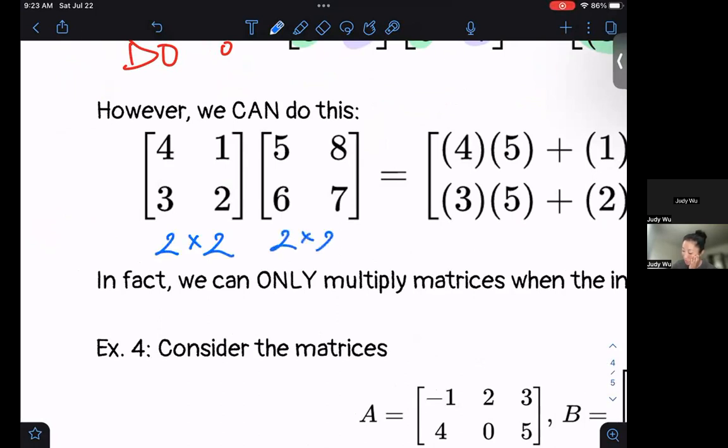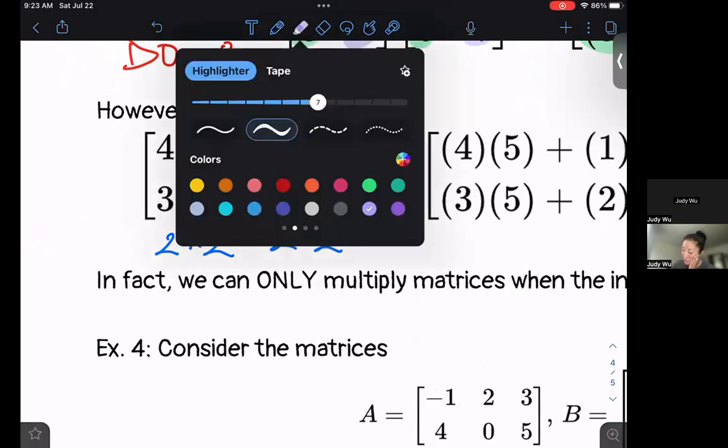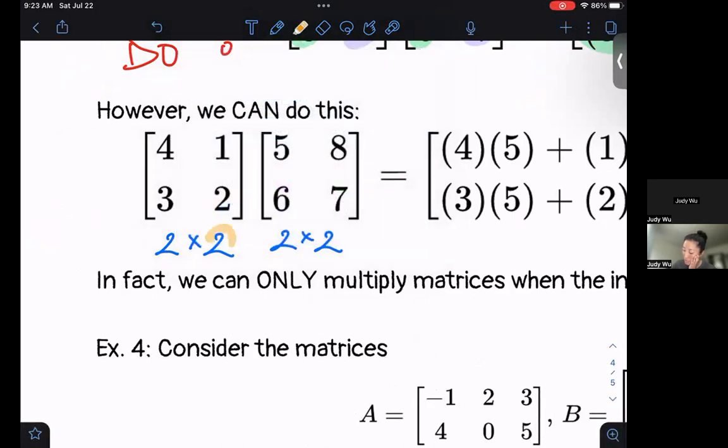When I say the inner dimensions need to match, I mean the columns of the first matrix and the rows of the second matrix need to be equal. If those are equal, we're good to go. If they're not equal, we can't do anything more.